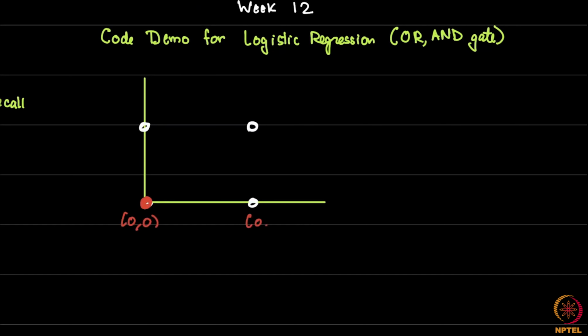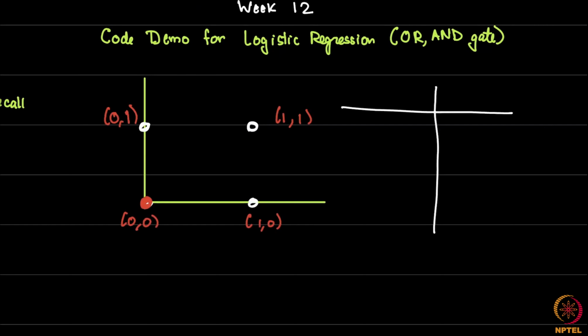And everywhere else, we actually get 1. So this is what is made as the table, that when x1 and x2 are 0, 0, then the ground truth is 0, and everywhere else, it is actually 1.